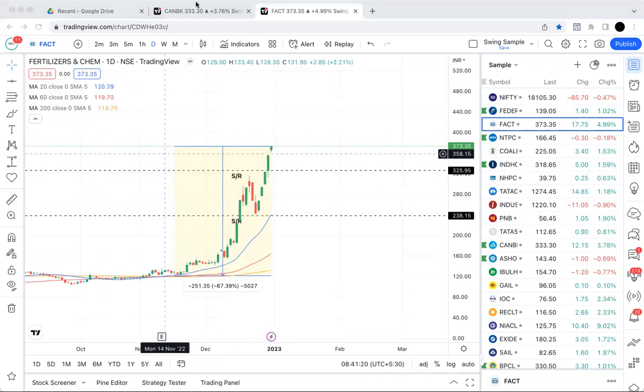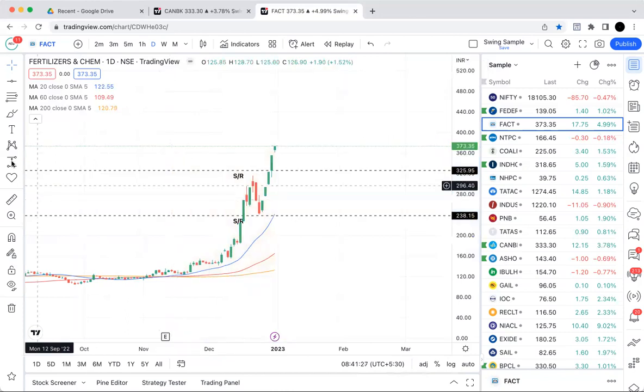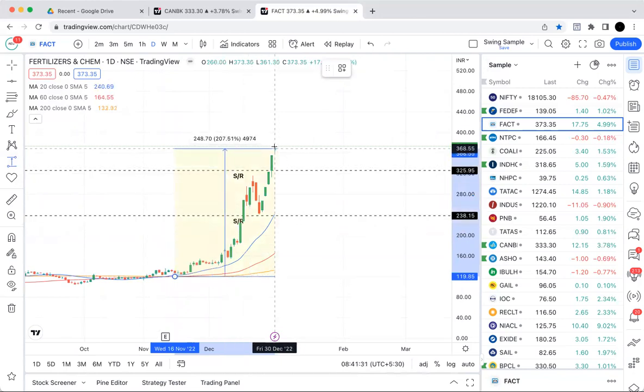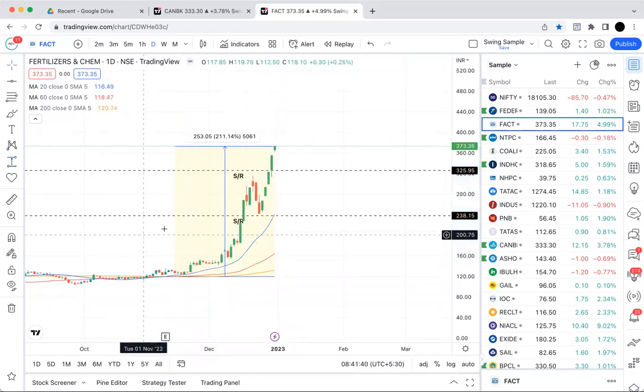My laptop is misbehaving here. Let me bring it under control. All right, here it is. Look at that. From about halfway in November, or even further.